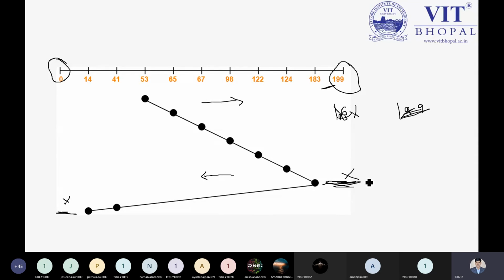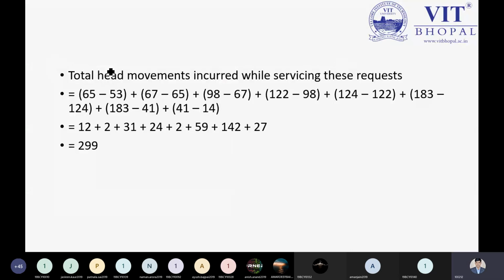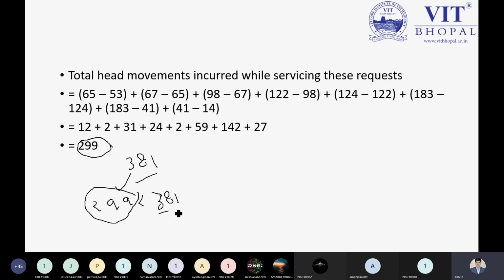Definitely it saves our total head movement in terms of cylinders. So the total head movement incurred while servicing the requests is 299. And if you talk about C-SCAN, we got 381. So definitely 299 is a lesser value than 381. So LOOK is much better than SCAN or C-SCAN here.